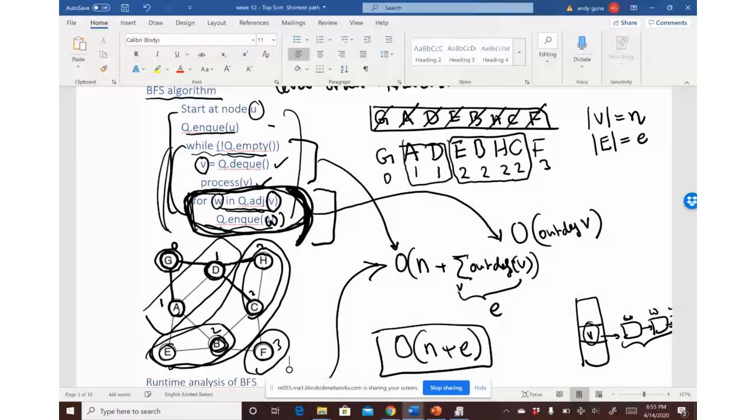But you don't want to do multiplication or anything. You want to make sure that you understand what the code is doing. Any questions there? So this is BFS and the analysis of it.